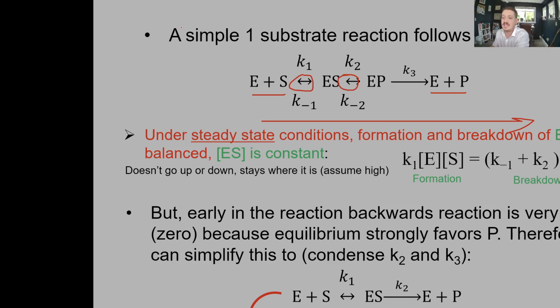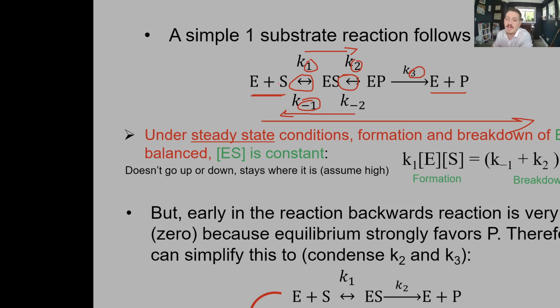There are rates and equilibria associated with each one, and it can go forwards and it can go backwards. It can go forwards as these positive numbers, and each part has got a positive number, or it can go backwards, and that's reflected by the negative numbers.